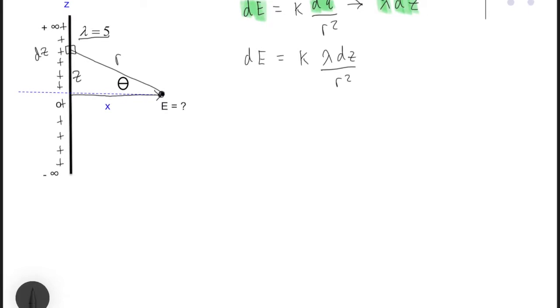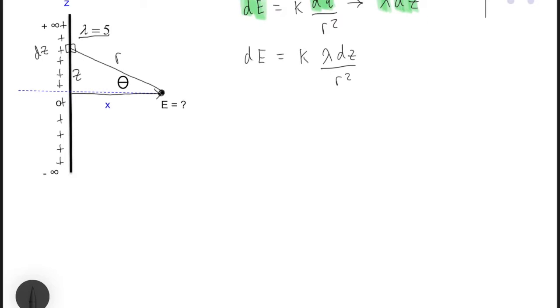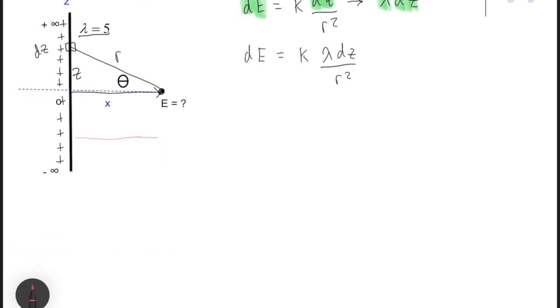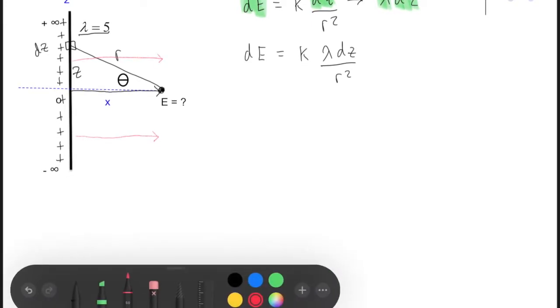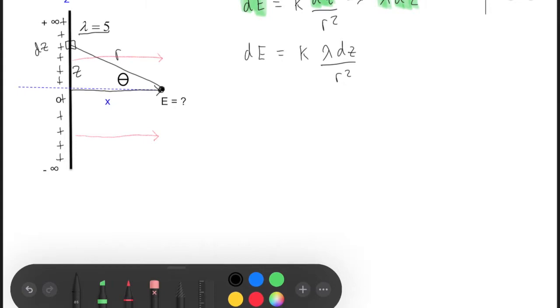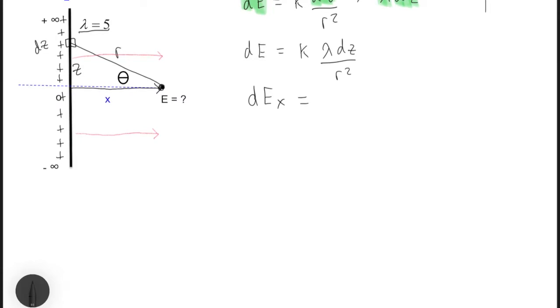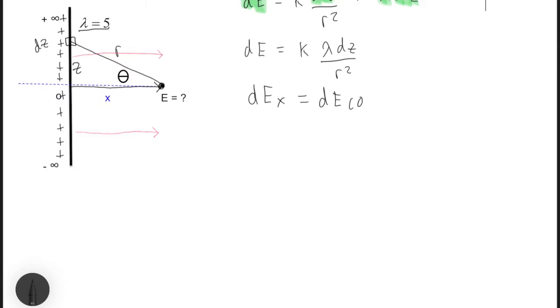Okay, and now, since we know our E field will be pointing in the x direction, because we do not have any y components here, we can just worry about our electric field dE x. So our x component of the electric field would be dE cosine theta.